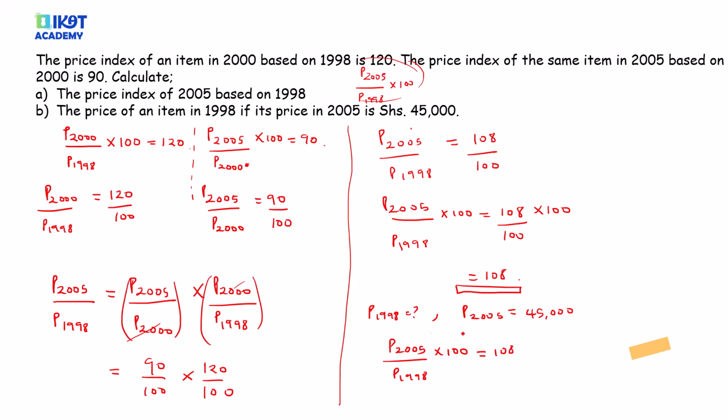So you substitute the price in 2005, 45,000, out of the 1998 price times 100, which equals 108. Making this the subject, your final answer will be 4166.667. Since the units here are shillings, put shillings before it.